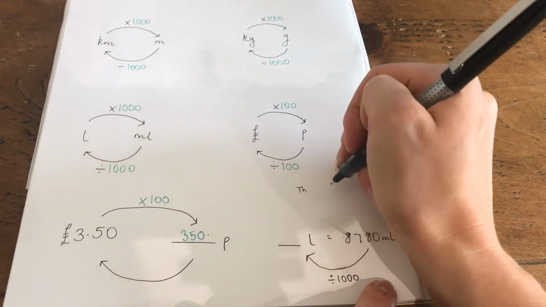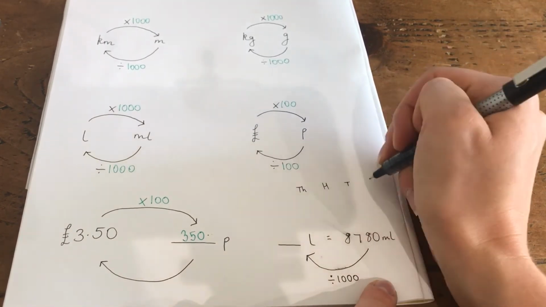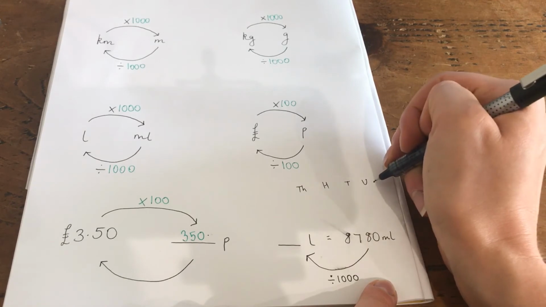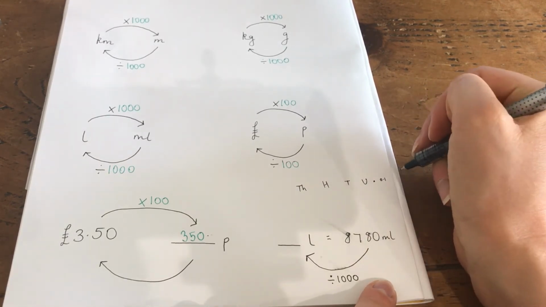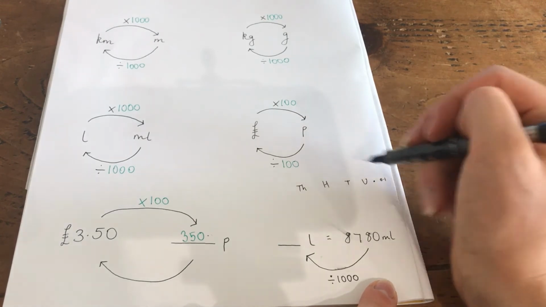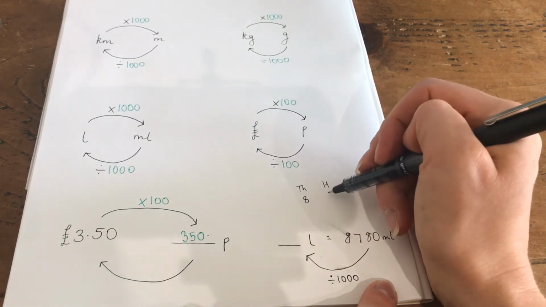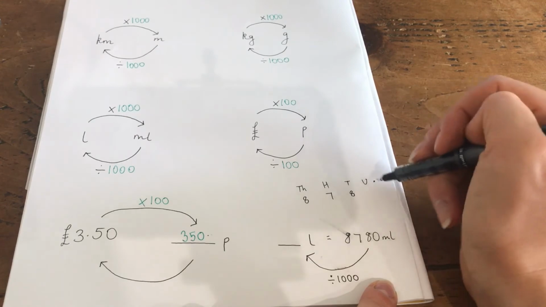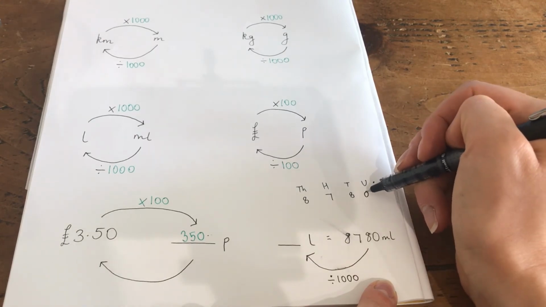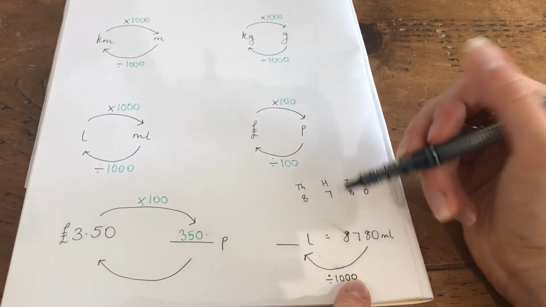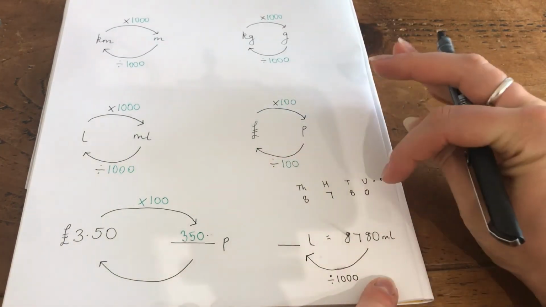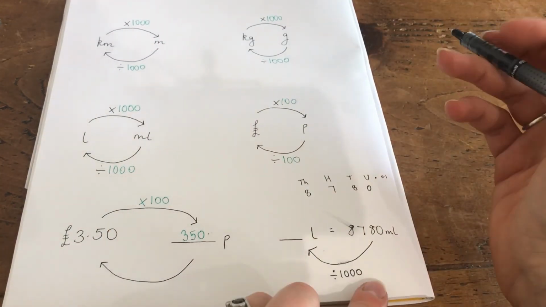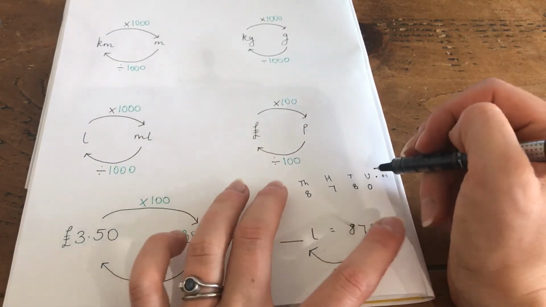If you had thousands, hundreds, tens, units, then we've got a decimal point, and then it goes to the 0.1 like that. You can do this on paper. If you've got a whiteboard as well, that works really well. Because we're dividing by 1,000, we're moving 3 places along.